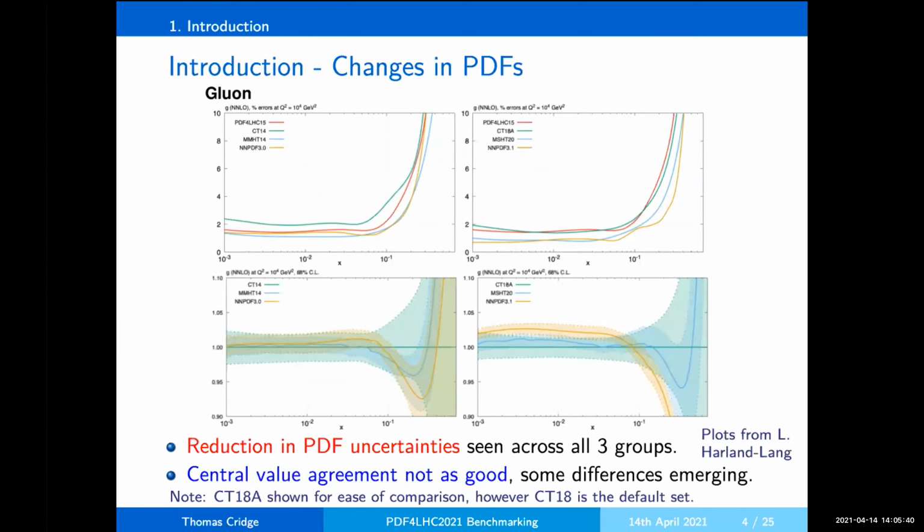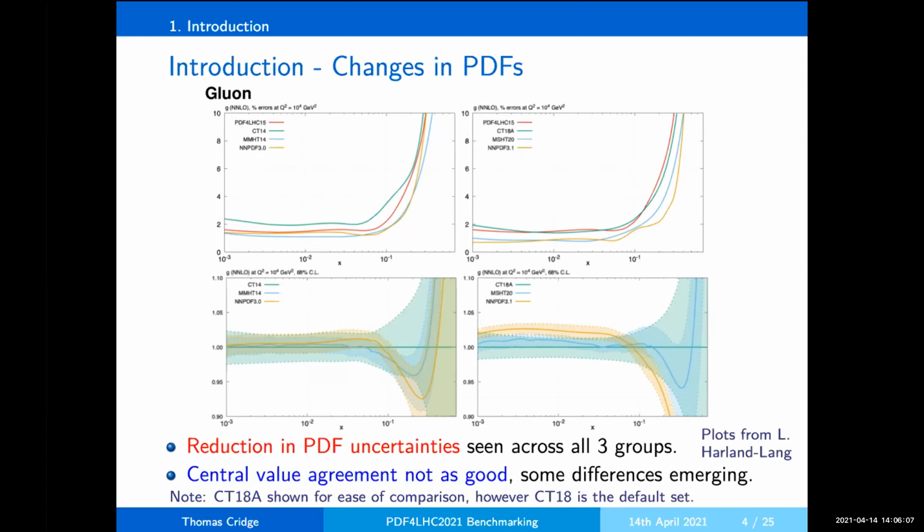And again, at the time of PDF4LHC15, I said this could be just a lucky accident, and we may not see that in a future combination. And indeed, we don't. And just to add some more confusion to the issue, you've seen the NNPDF4.0, which actually lies below either CT18 or MSHT20.